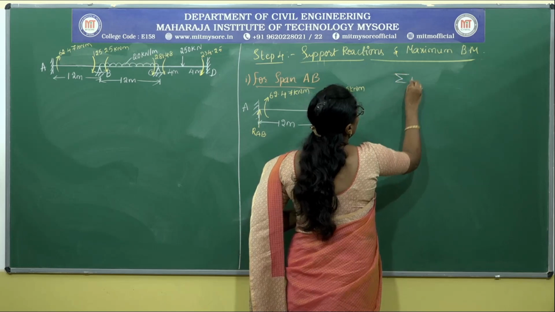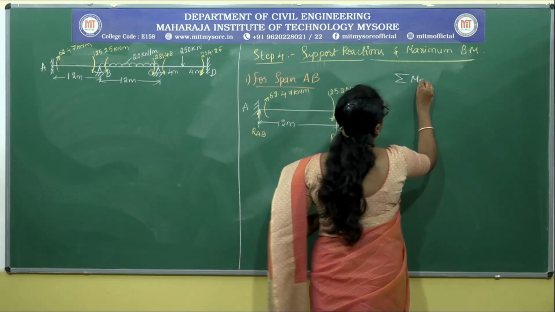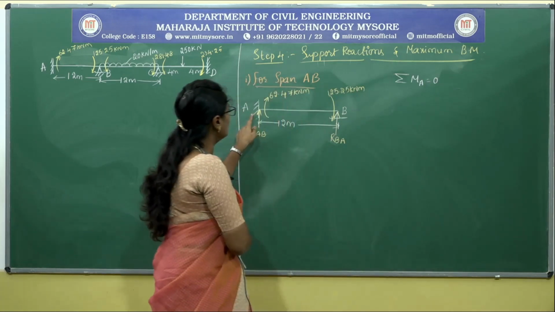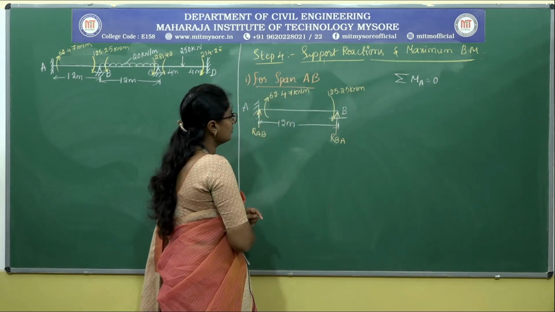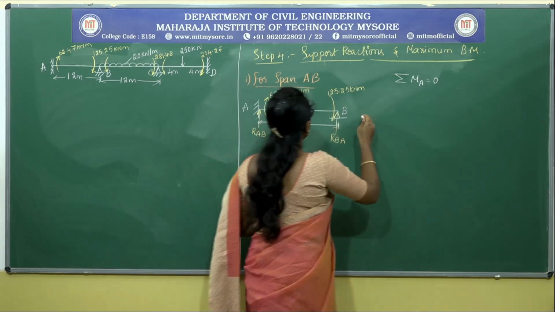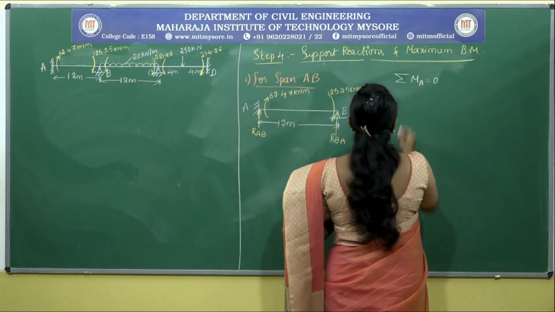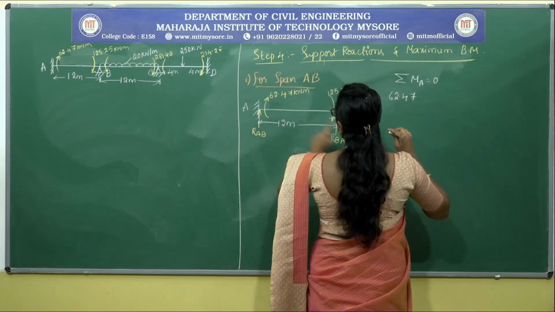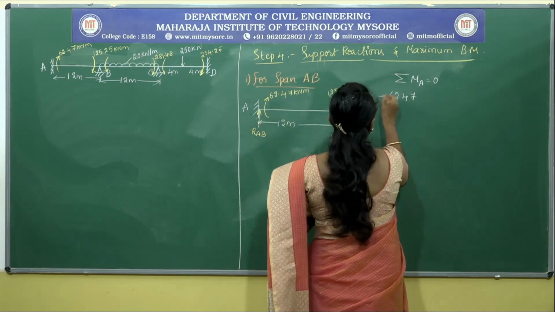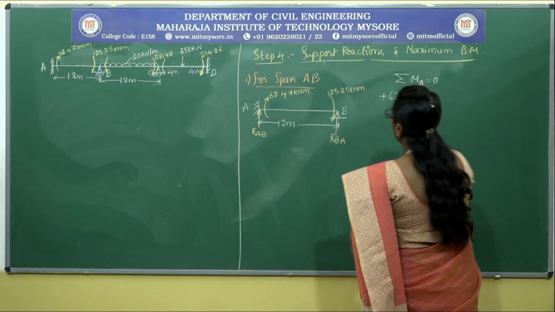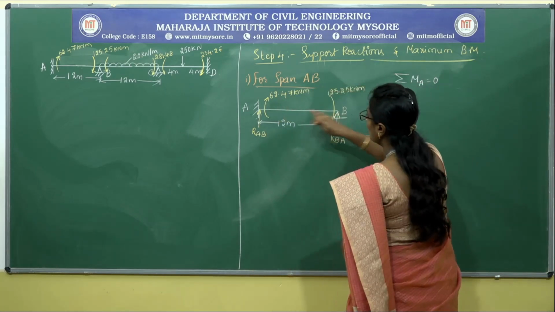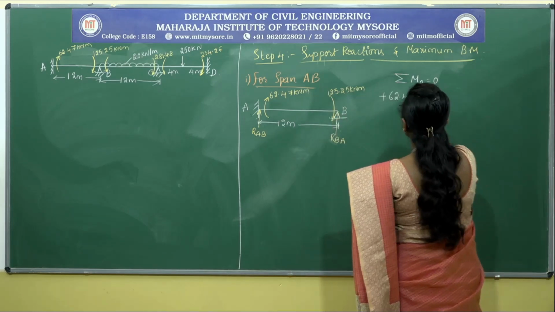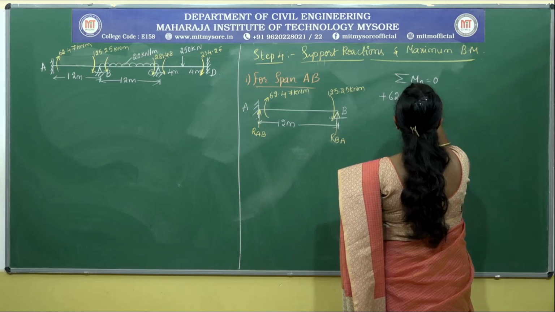sum of all the moments at A is equal to 0. So here, how many moments are here? First, initially we have 62.47, which is MAB in the clockwise direction. So I take it as positive. Then no extra loading on span AB. Then we can come directly to the moment MBA, which is also acting in the clockwise direction.